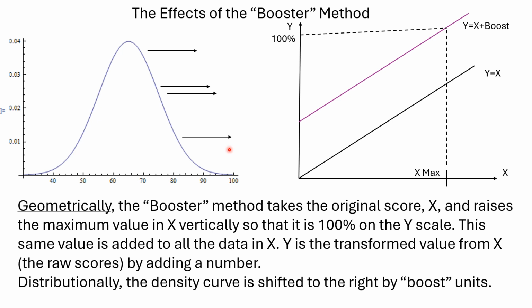I think that's what we used on the last slide, 17. So over here we had to jump up 17 points from 83 to get to 100, and then over here this distribution would shift to the right by 17 units. So those are just some more details of what happens when you use this particular method.